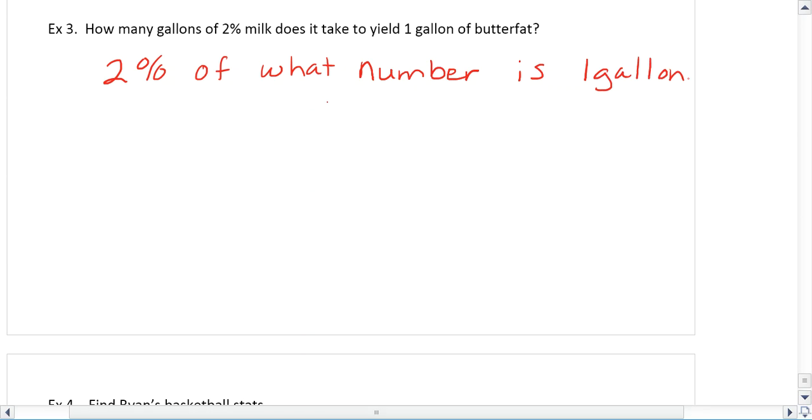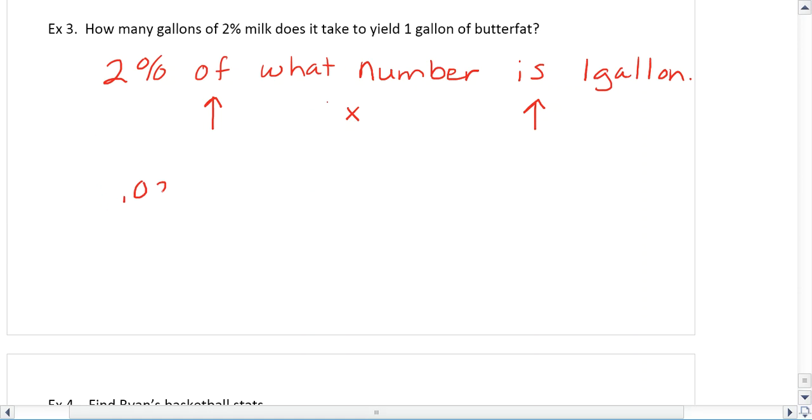When I restate the word problem like this, using the words of and is, it becomes much easier. The word of becomes the multiply sign, and the word is becomes the equal sign. What number is the x? And we take the 2%, remember, and write it as a decimal, so move that over two places.